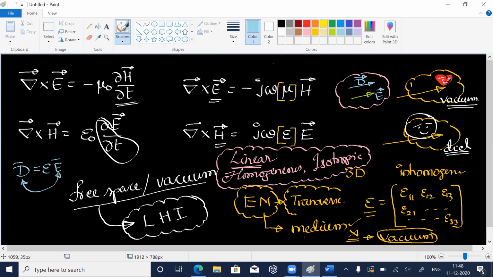Epsilon, sir. Epsilon must be constant. But you know what happens? Based on the applied electric field, in a practical medium, epsilon of that medium will change. If that changes, D also will change, and therefore no linearity holds between these two quantities.